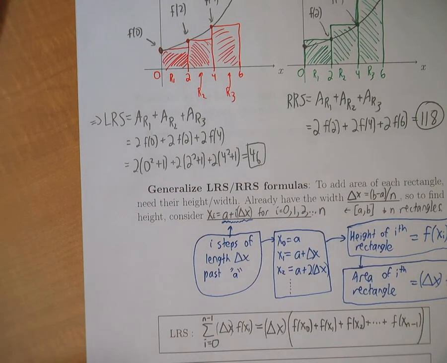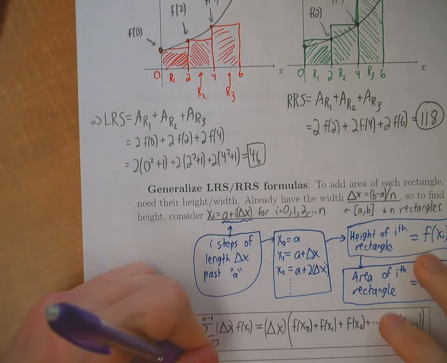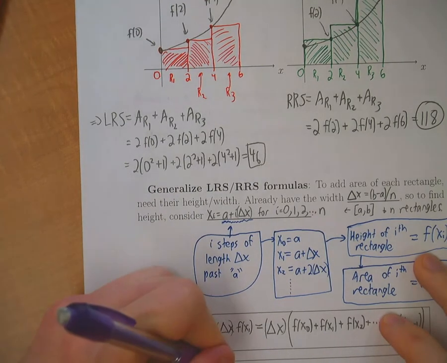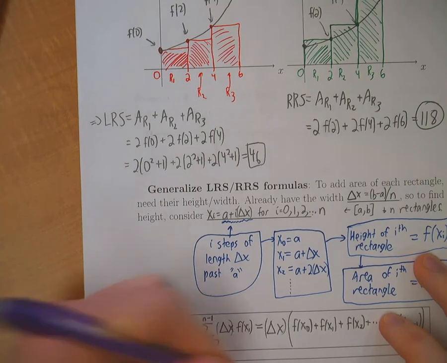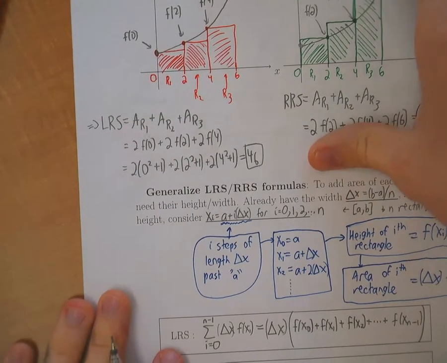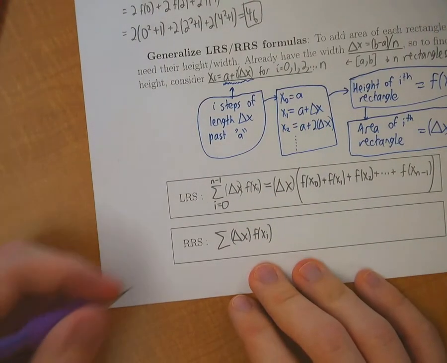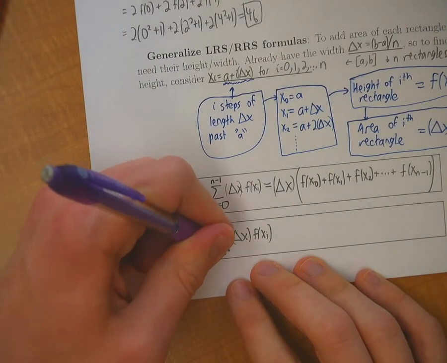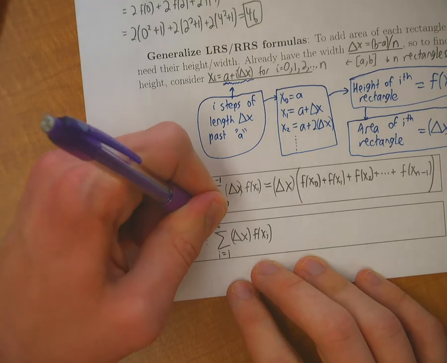Okay? Now, for the right Riemann sum, the general ith terms are the same. So, in other words, you still have the summation of delta x times f of x sub i. But in this case, you're starting with i equals 1 now, and you're going to keep going until you hit n.